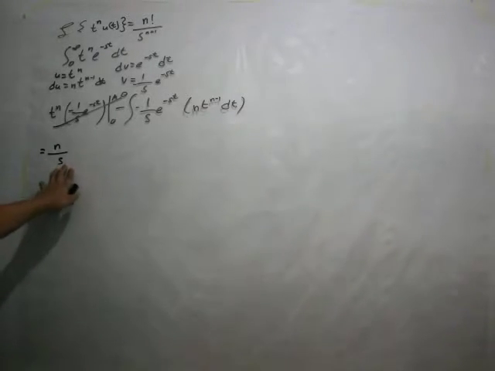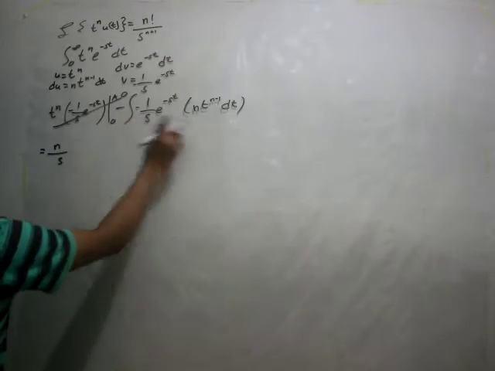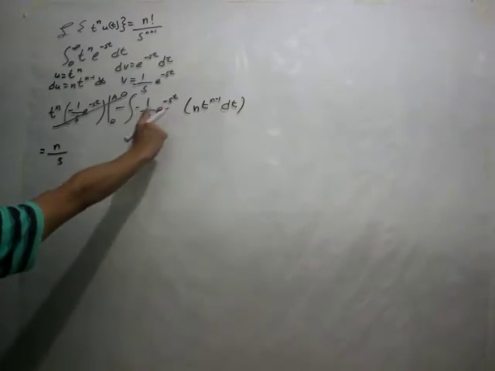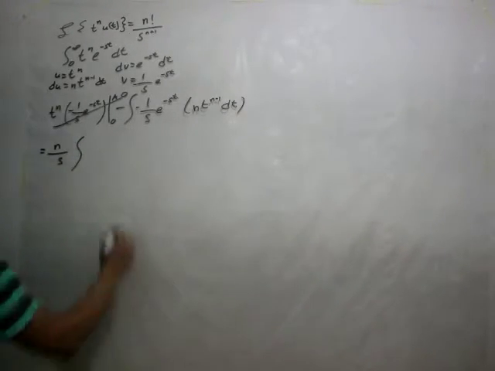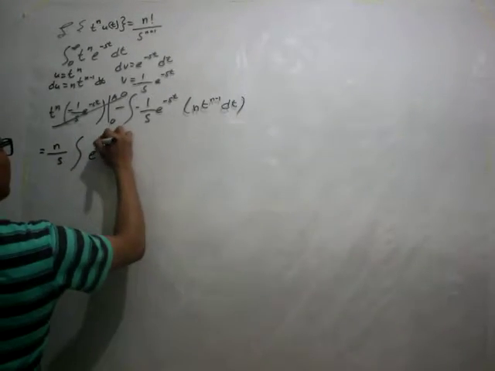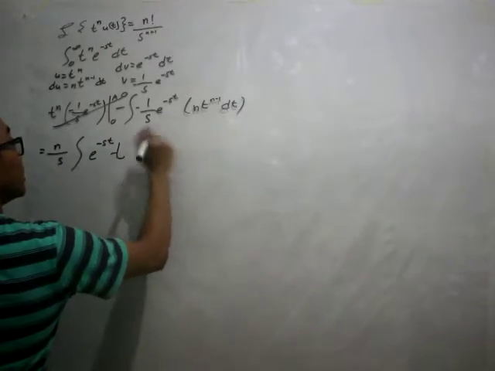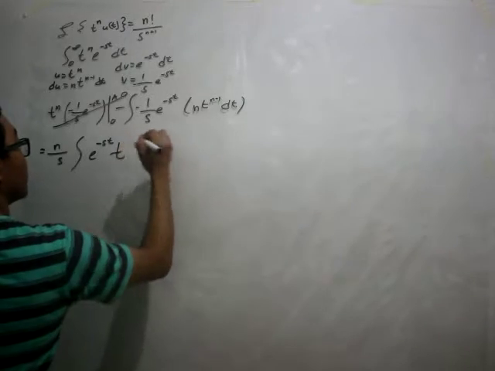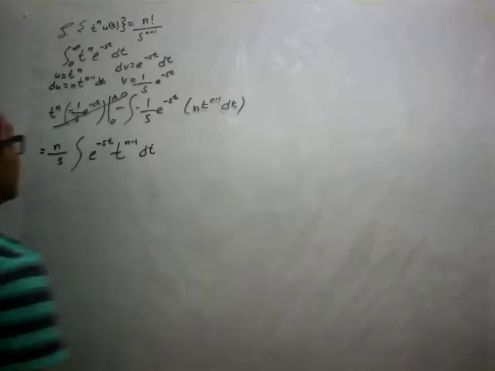It is positive n over s because negative times negative is positive, and n is multiplied over 1 over s, times the integral of e raised to negative st times t raised to n minus 1 dt.